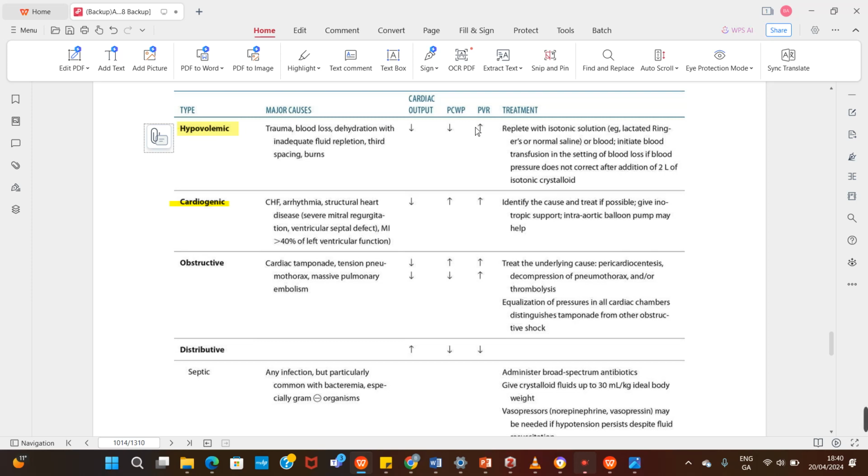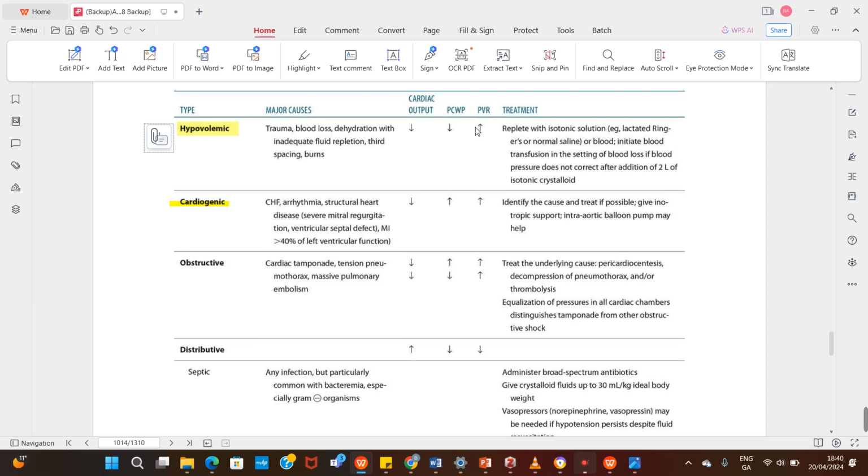Because of the drop in the cardiac output and an eventual drop in the blood pressure, there's a rise in the systemic vascular resistance to cause vasoconstriction so that you can have high BP. But that does not work. It does not actually raise the blood pressure. It's just more like a compensatory mechanism, which has little or no effect until you correct the underlying cause of the pathology.